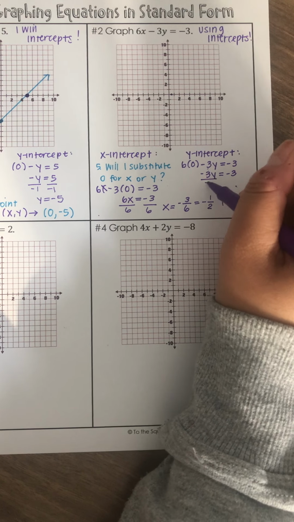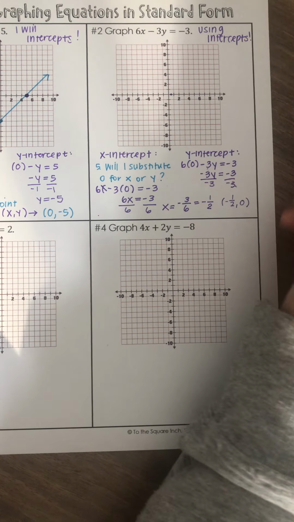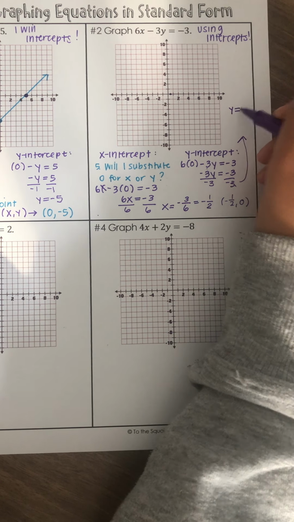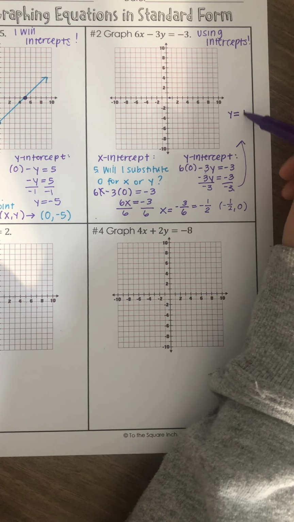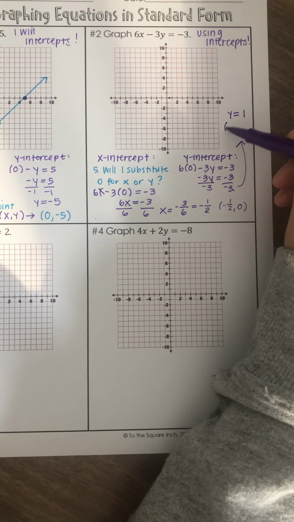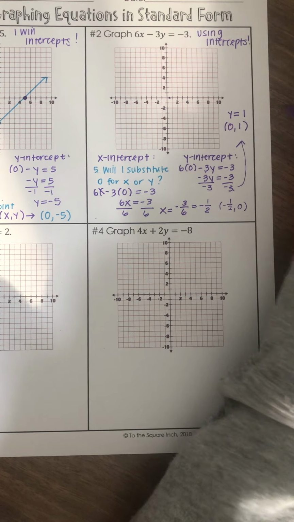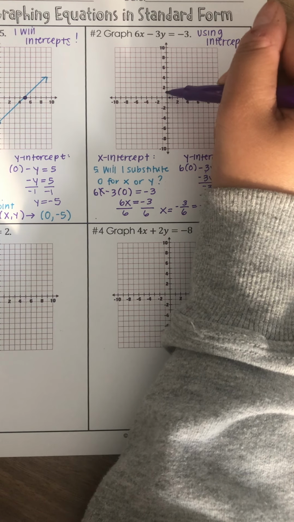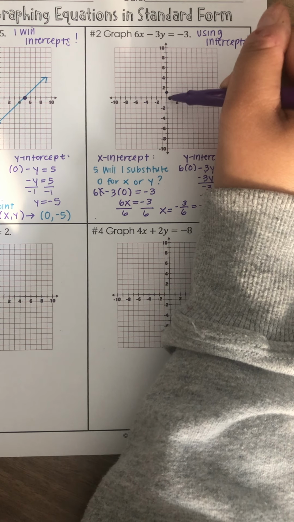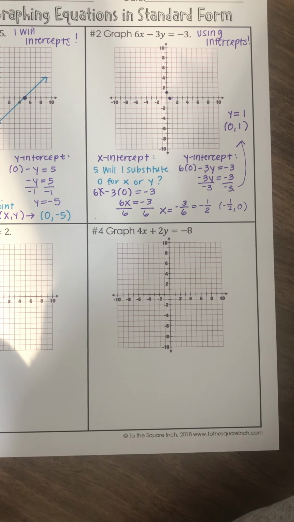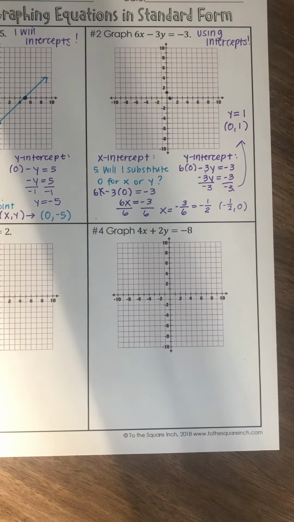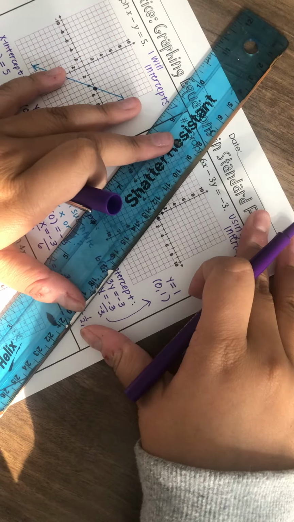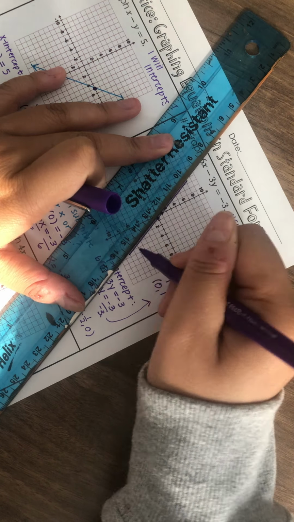I will divide both sides by negative 3, leaving me with y equals 1 and a point of 0, 1, which I can plot easily right here. And then I can go ahead and connect those as well.